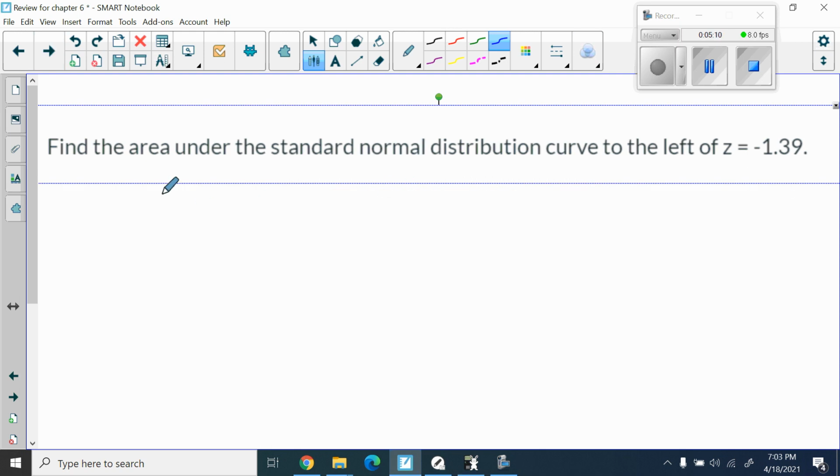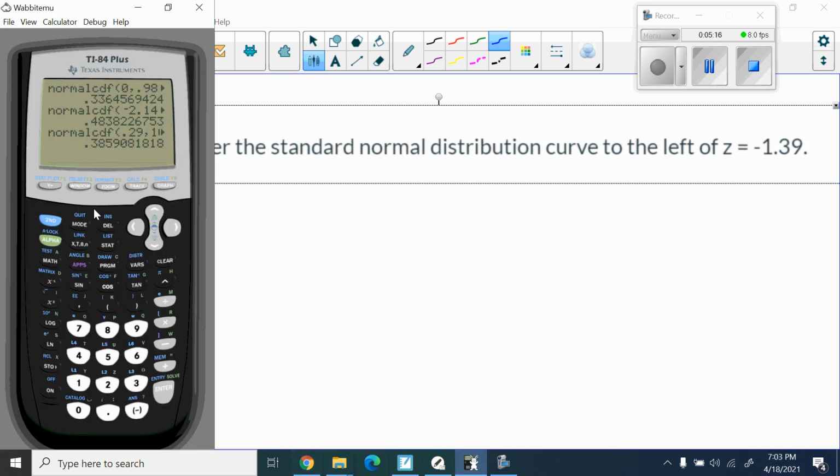Okay, so it's almost all calculator. So here, find the area under the standard normal distribution curve. So remember when we do this one, again, second VARS, our lower bound is going to be negative 10,000. Remember how I did that?